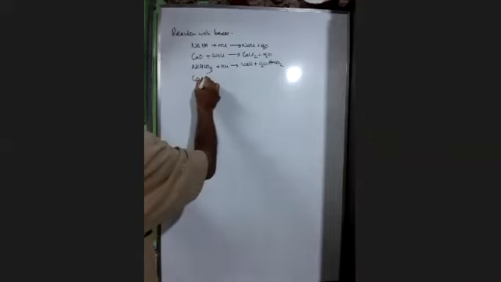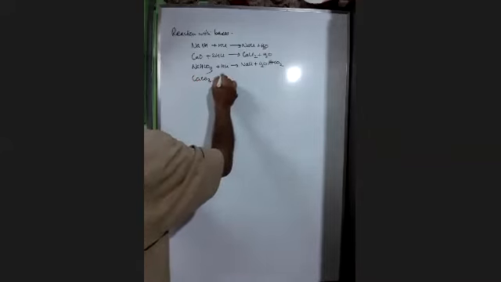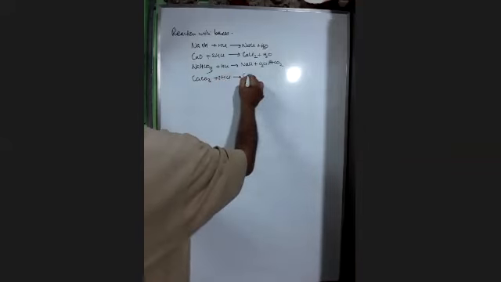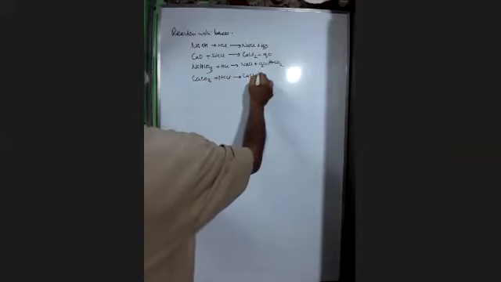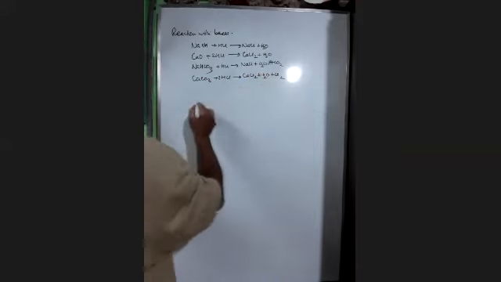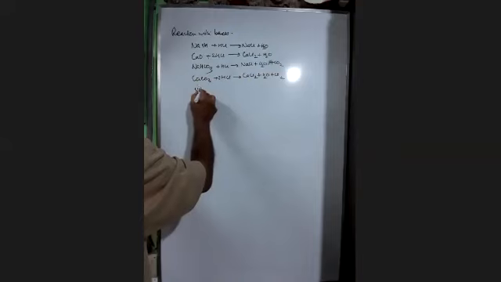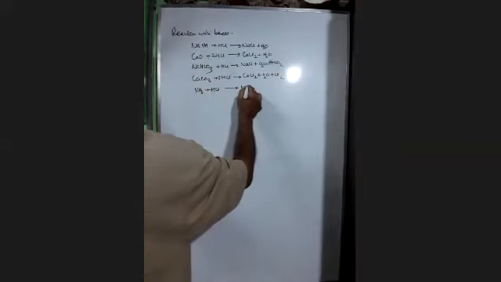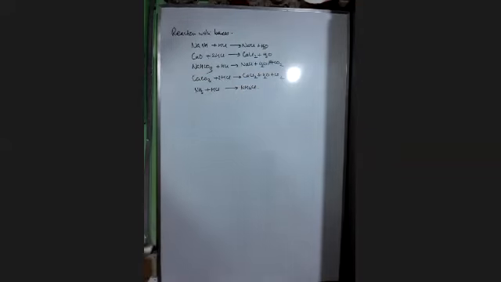If I have taken calcium carbonate and react with HCl, it will give me calcium chloride, H2O, carbon dioxide. If it comes in contact with ammonia, it will give you ammonium chloride.